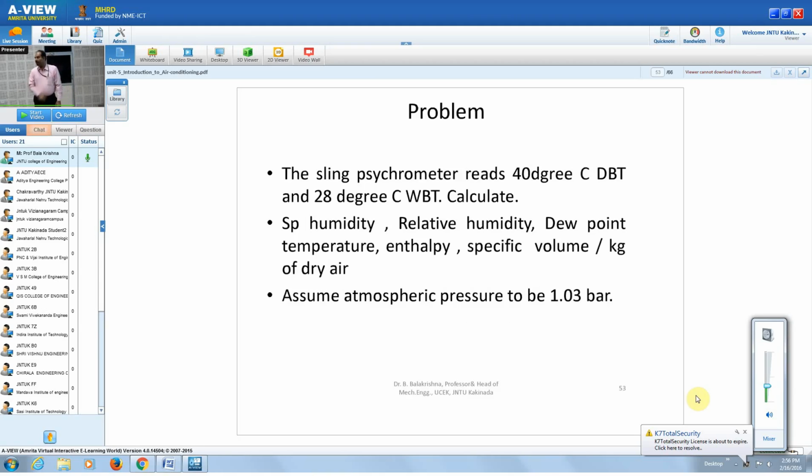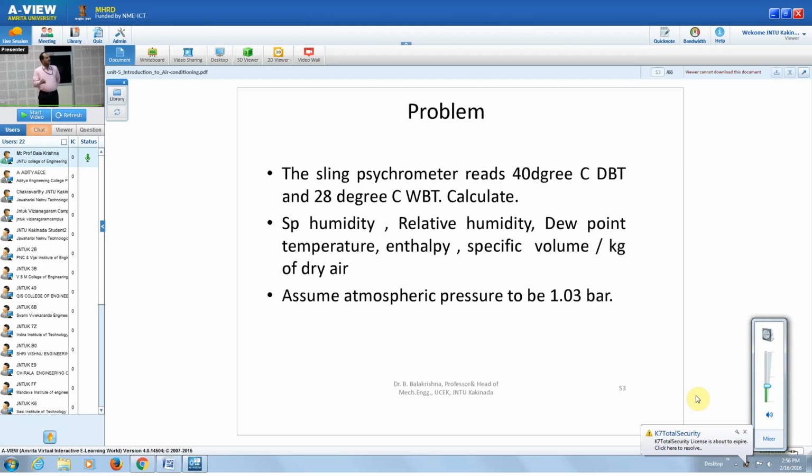Then I take a problem, all of you. A sling psychrometer reads 40 degrees centigrade dBT and 28 degrees centigrade WBT. WBT means wet bulb temperature and dBT is the dry bulb temperature.